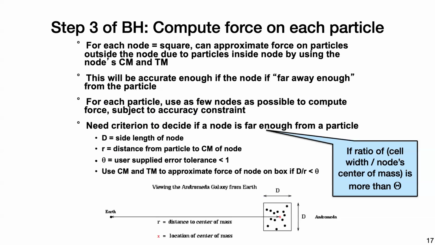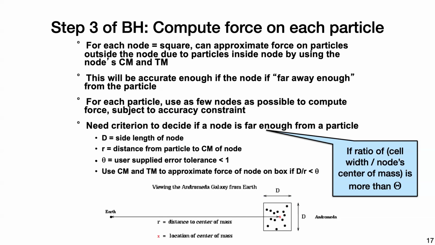Okay, so this is the main core of the Barnes-Hut algorithm, which is to compute the force on every particle. It goes node by node. For every node, which is just a square in your quad tree, you approximate the force outside by doing this single point approximation. It's accurate enough if the node is far enough away.